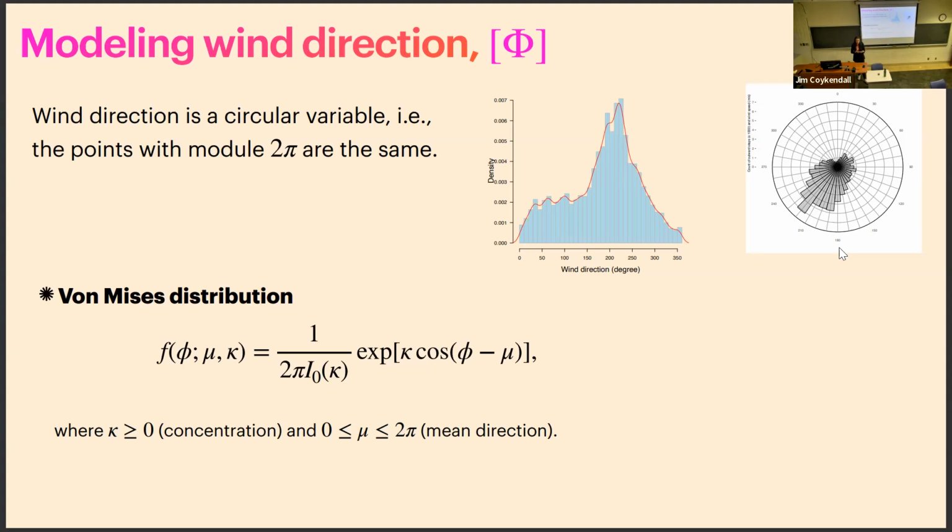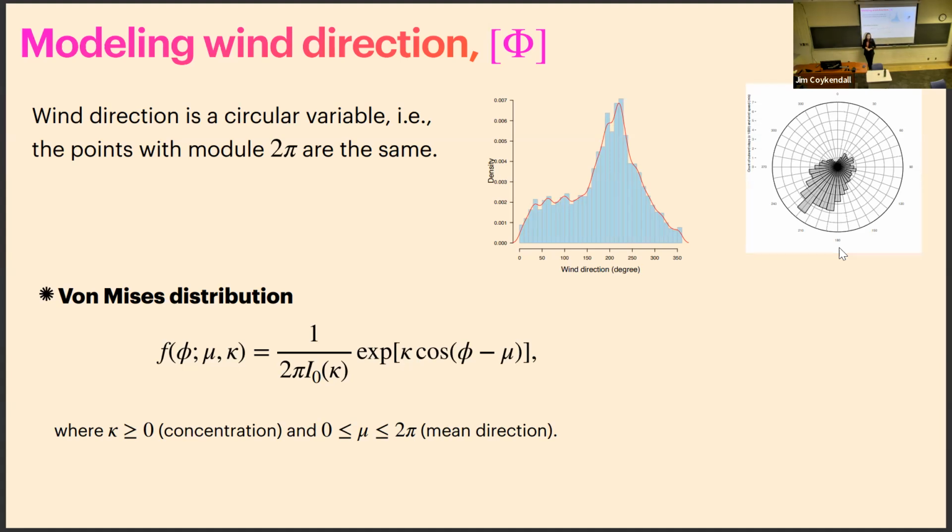So when we look for distributions for modeling wind direction, we need to focus on a specific part of statistics called circular statistics. One such distribution from circular statistics is the von Mises distribution. Again, this is the equation given for the probability density function, but our interest is in the parameters kappa and mu.